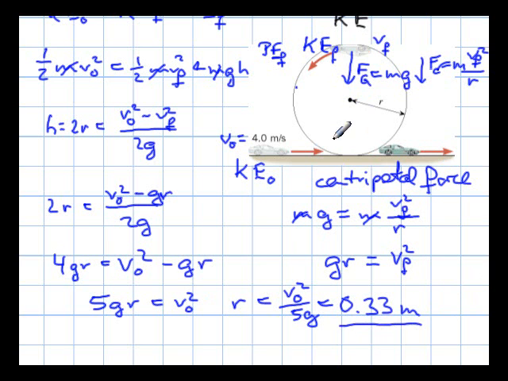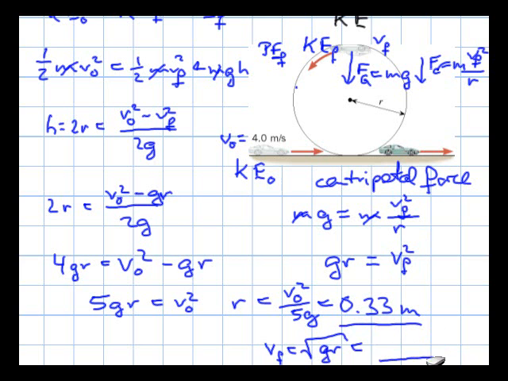And then if we're curious what is actually the velocity at the top, we just use that number and plug it back in for VF. And here I come up with, let's see, VF squared right there. So square root of GR. And that therefore is, they don't ask for this, but I'll write it down anyway.